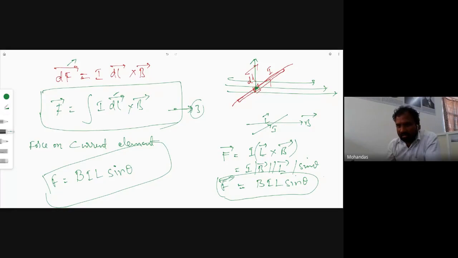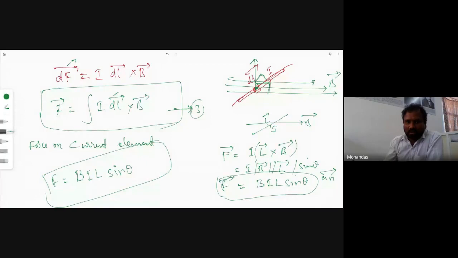The direction of the force is perpendicular to which one? Perpendicular to the magnetic field as well as the conductor. The force will be in the upward direction.